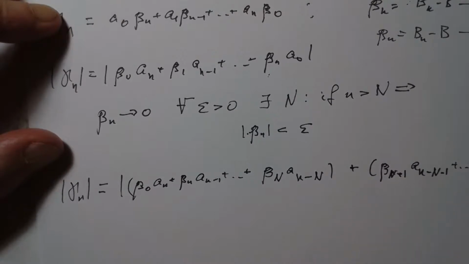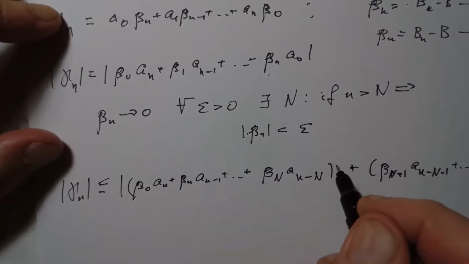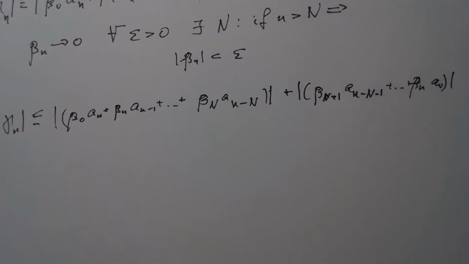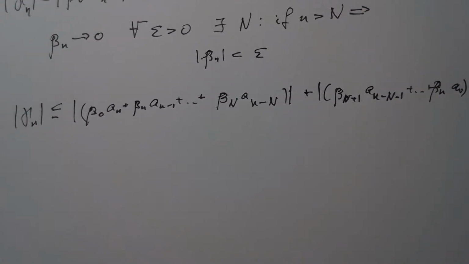Okay, so this is equal to this quantity, and therefore it is less or equal than the sum of these two absolute values, and this particular thing is nothing but the triangle inequality for absolute values of real numbers.